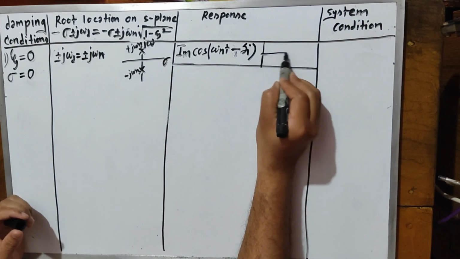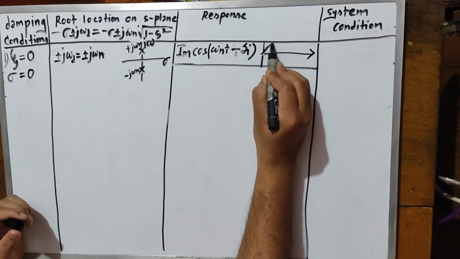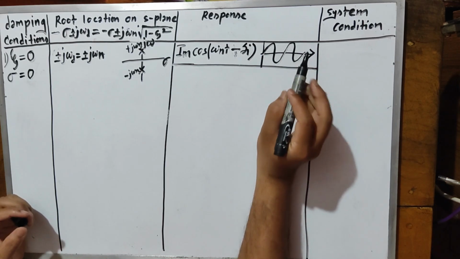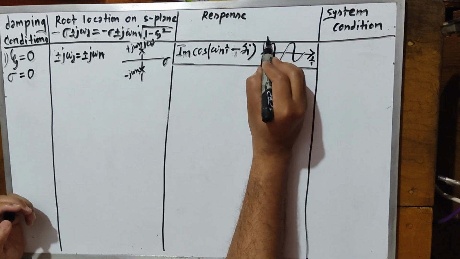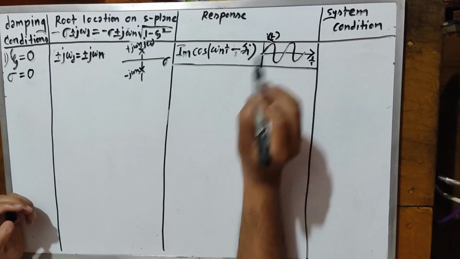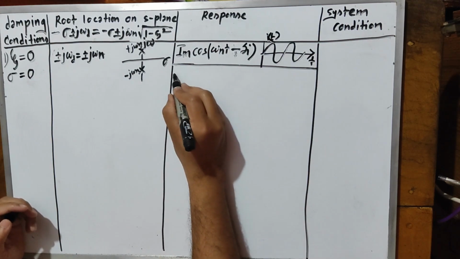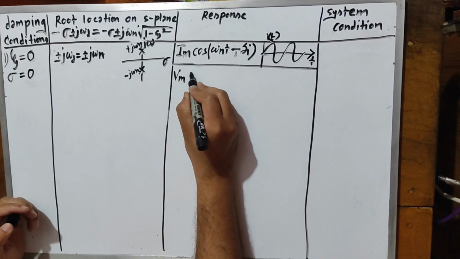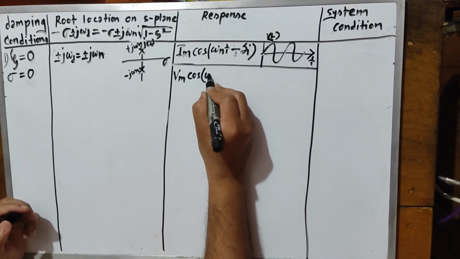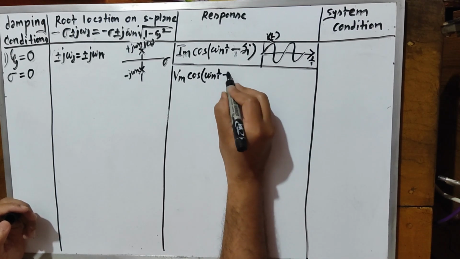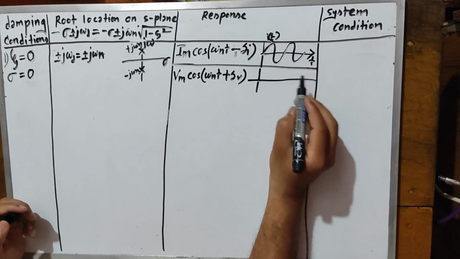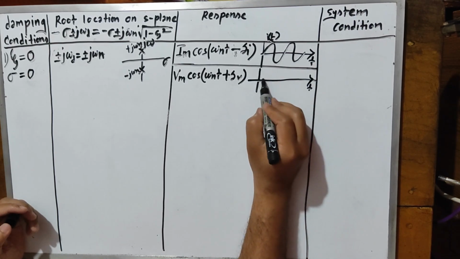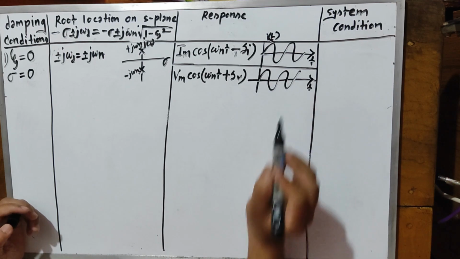There's no damping in the time domain. The voltage response is basically Vm cos(omega n t plus delta V). This is also undamped, so in the time domain it is perfect oscillation.